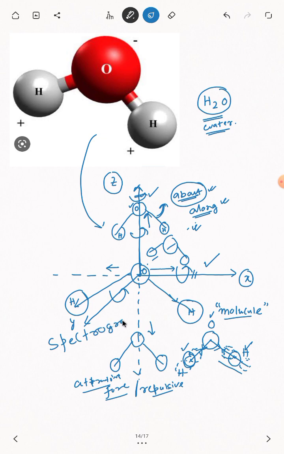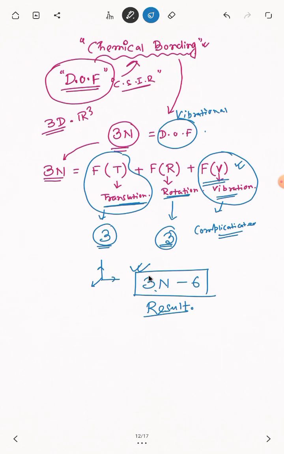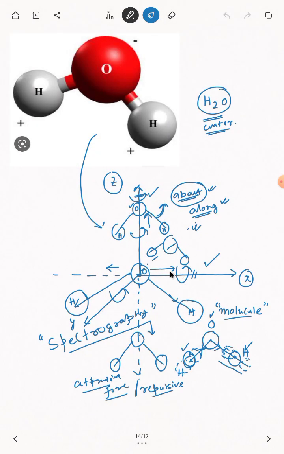But in chemical bonding the subject spectroscopy is very much a graphical representation of all this, and this shows us that vibration is possible. So vibrational degree of freedom, though easy to calculate by this particular formula 3n minus 6, is not at all easy to describe as we have described translational or rotational motion.